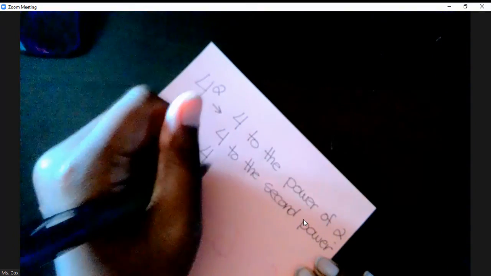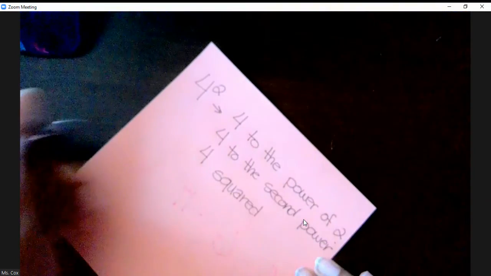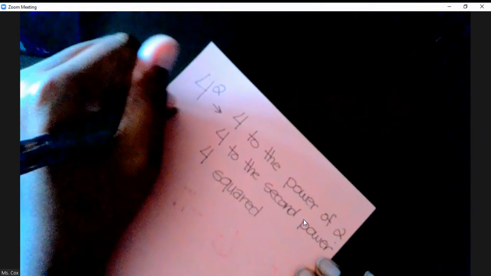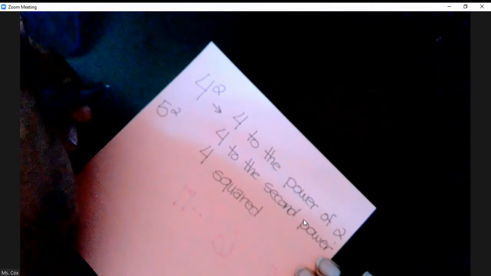I can read this as 4 to the second power. And for the power of 2, I can also read it as 4 squared. So anytime I have something to the second power, I can just say my base squared. So if it's 5 to the second power, I could call it 5 squared.